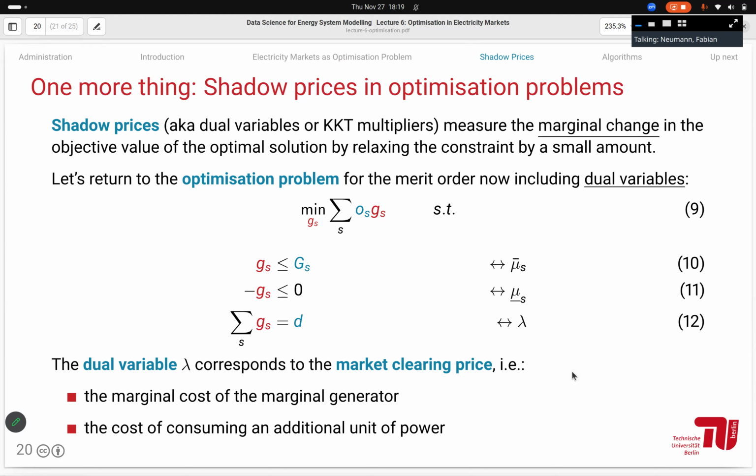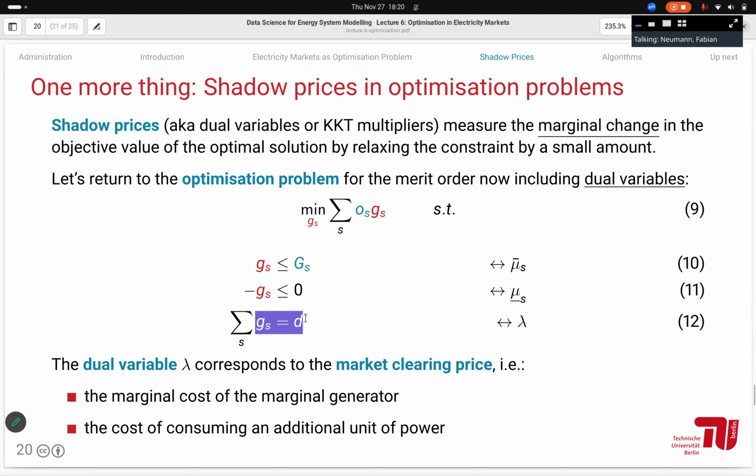These shadow prices are associated with the constraints, and they measure the marginal change in the objective value that is obtained by relaxing a particular constraint by a small amount. For example, this mu s over bar on the constraint of the capacity limit of the generators would tell you how much cheaper the system would get if you had one more unit of that particular power plant.